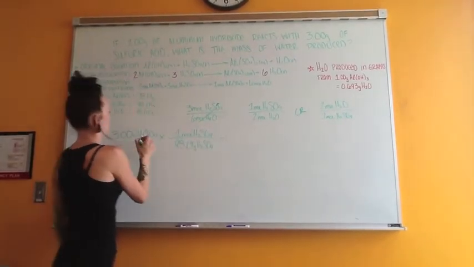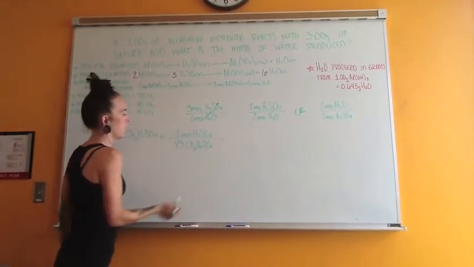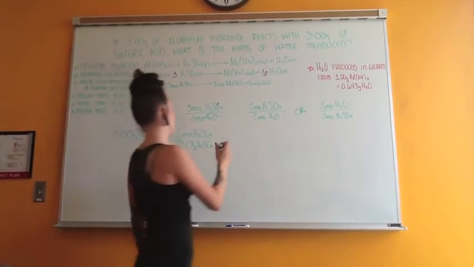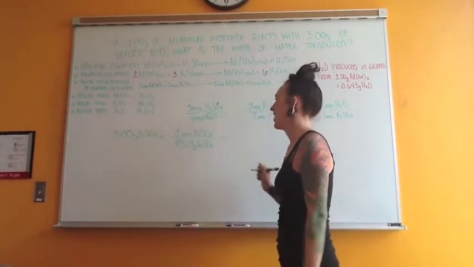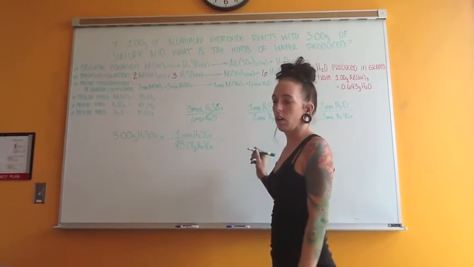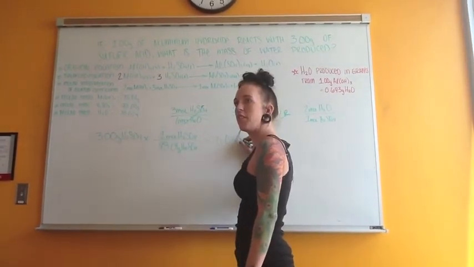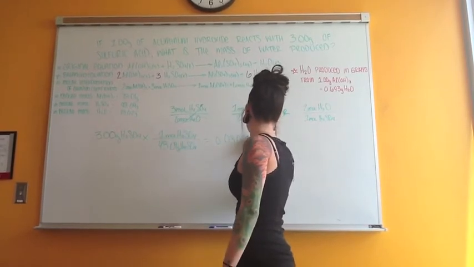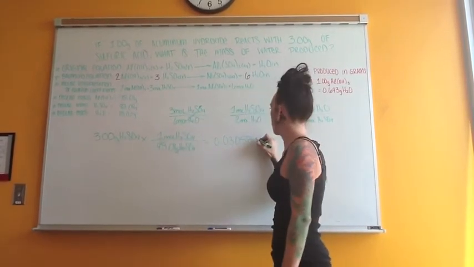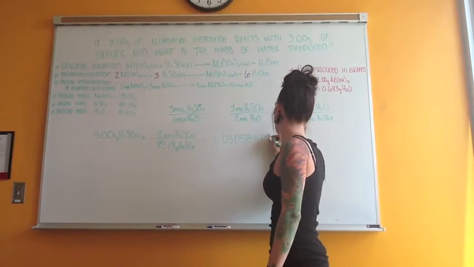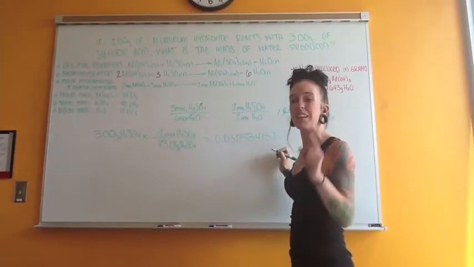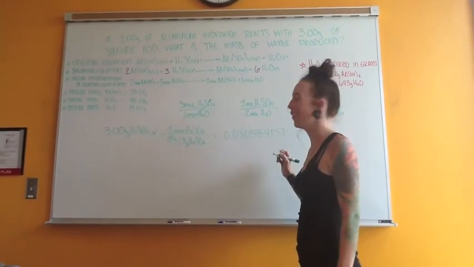And cross out your unwanted and divide across. 3 grams divided by the 98.09 gives us 0.03058, bunch of numbers. And you make sure to write them all out because you do not round between calculations.